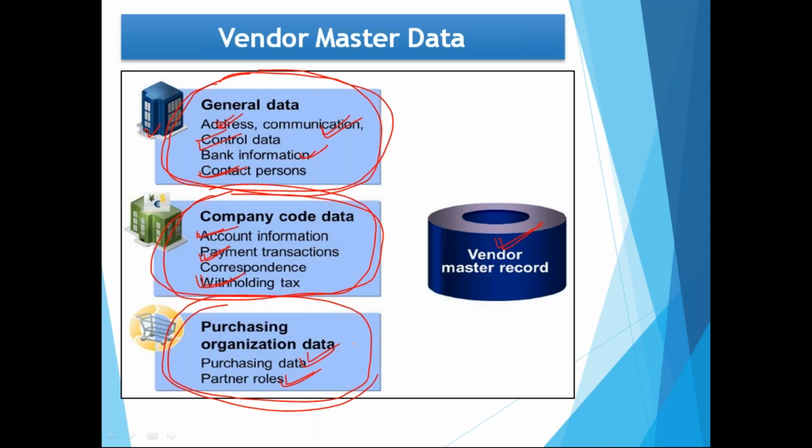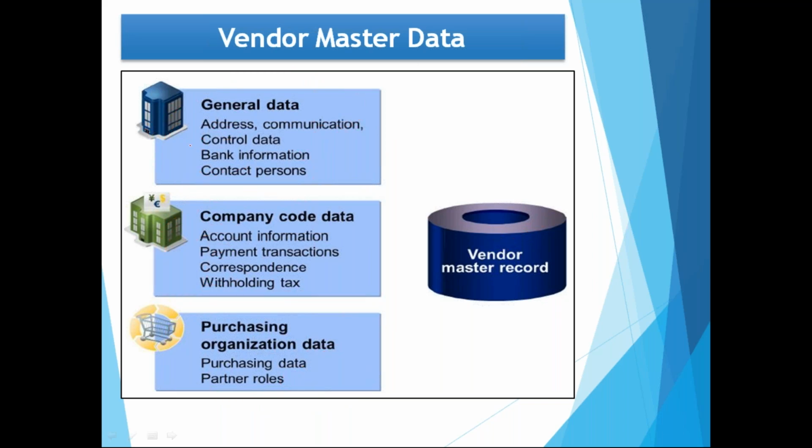So vendor master data is basically divided into 3 sections: general data, company code data, and purchasing organization data. So now we will go and create the vendor master in the system.